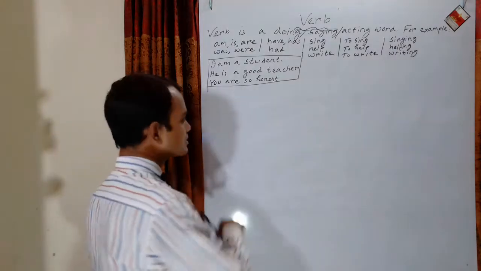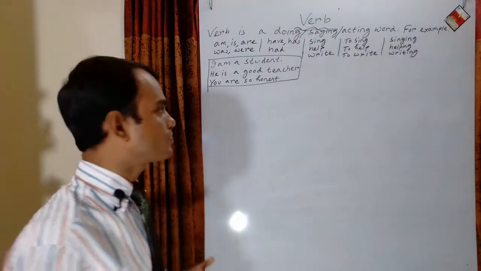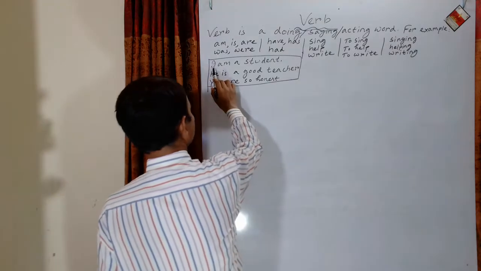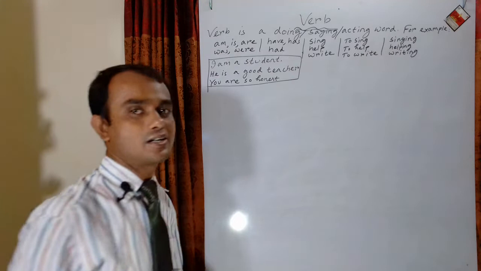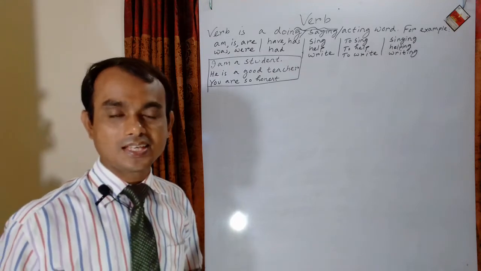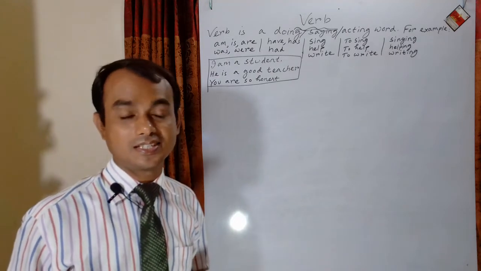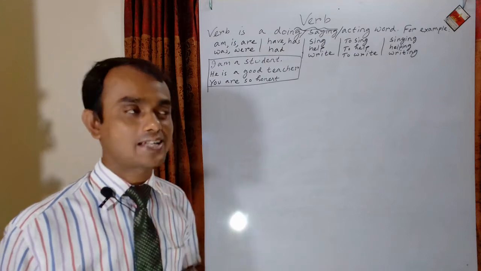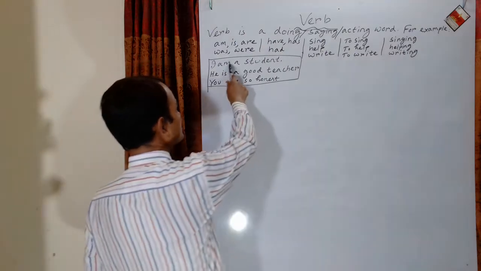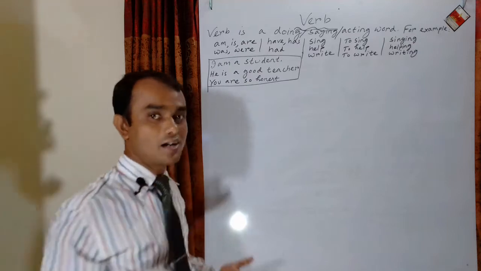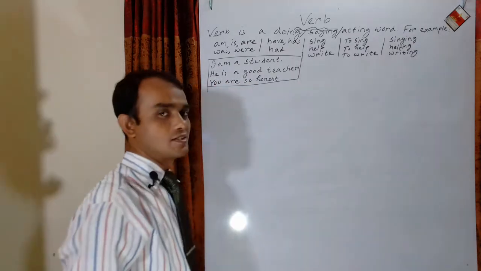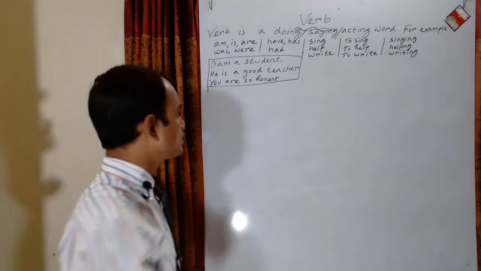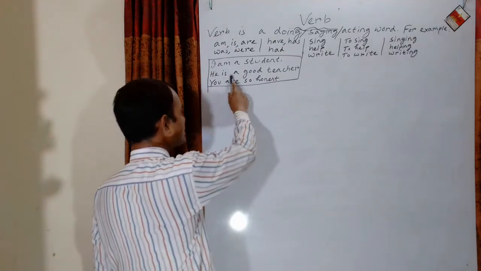And among these 3 sentences, we find the verb. From the first one, I am a student. Here the word am is saying something, is doing something, or acting something. For this reason, the word am is a verb. From the next sentence, he is a good teacher. From this sentence, we find the word is.